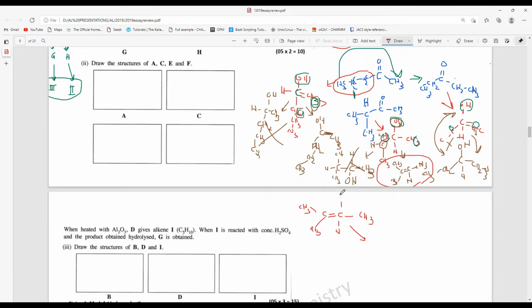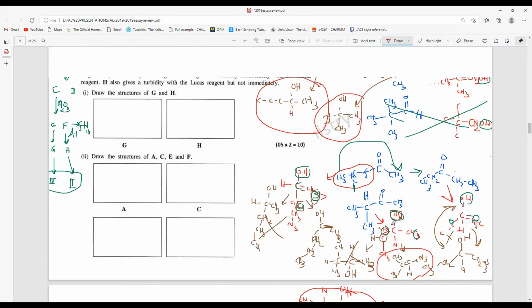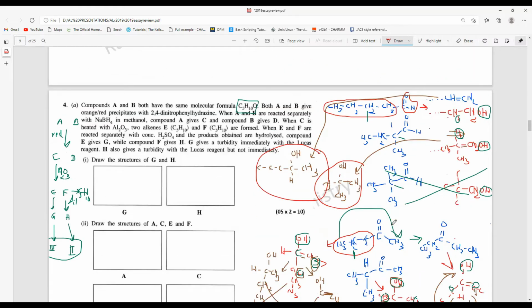So again, there will be OH here, and this hydrogen is going to form. So this is the structure, and this structure is again the same. So again, this is problematic. Right. So we have actually found the two compounds that are going to form.